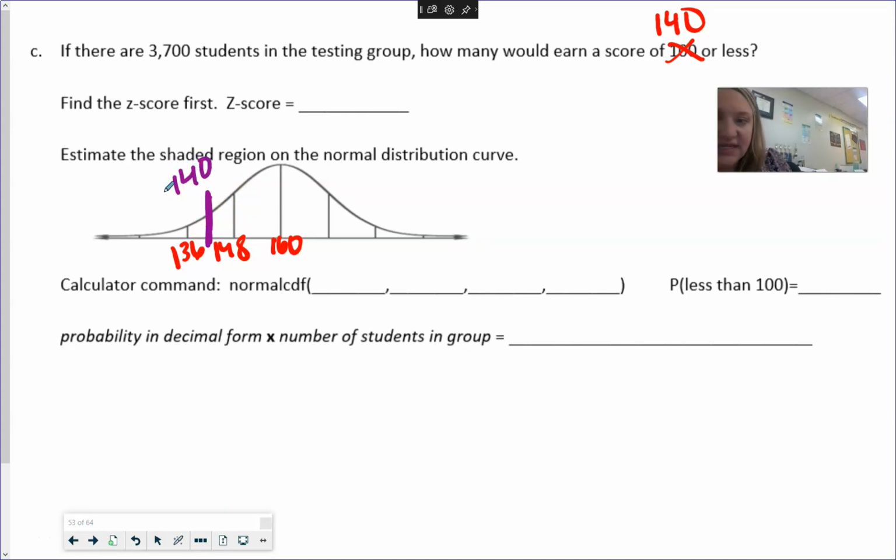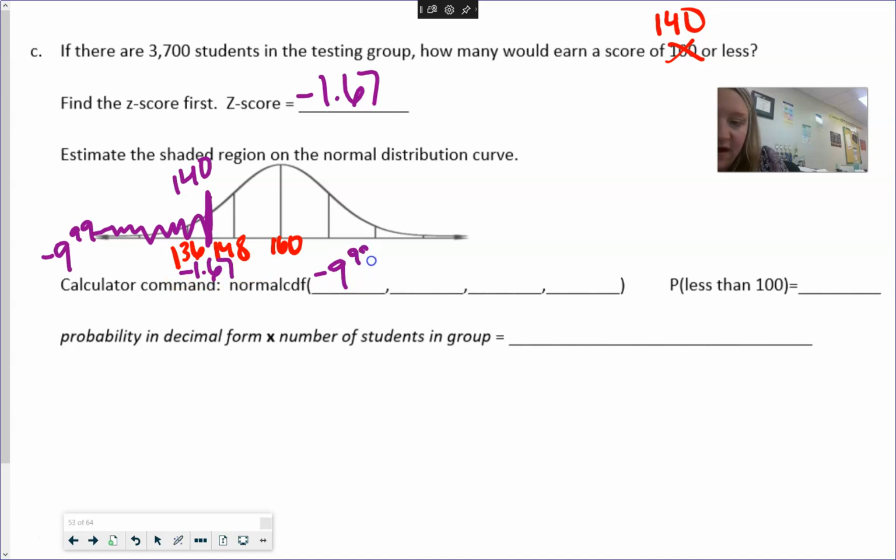Okay, so we have to find the z-score of that first. I take 140 minus 160, which I get negative 20, divided by a standard deviation of 12. So this z-score is negative 1.67. So remember, our lowest z-score is going to be negative infinity, and our highest z-score is going to be negative 1.67.